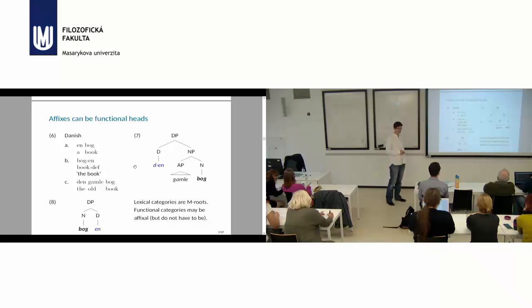So if you look at A, and if you will be looking only at A, it sort of looks like the lexical category is the root and the functional category is an affix. Okay, so the distinction between roots and affixes has something in common with the distinction between lexical categories and functional categories.